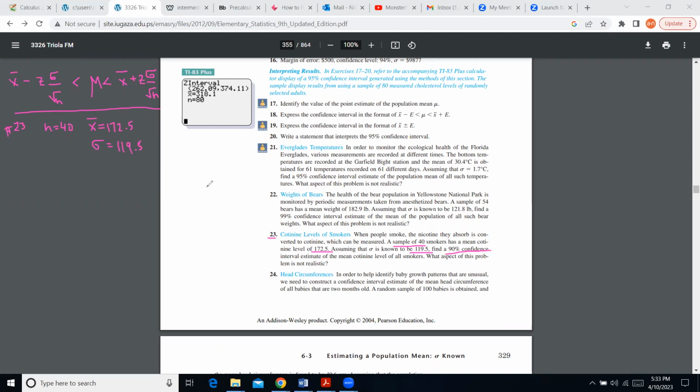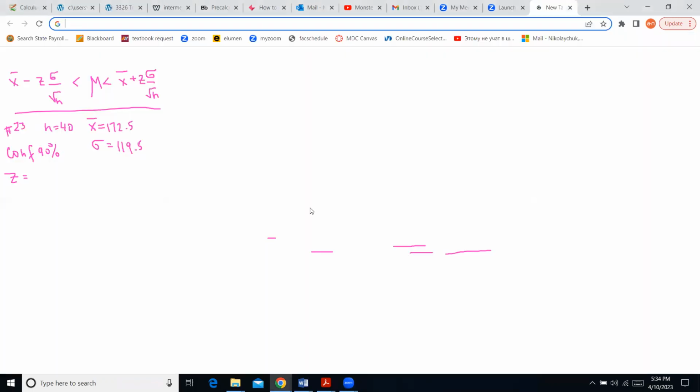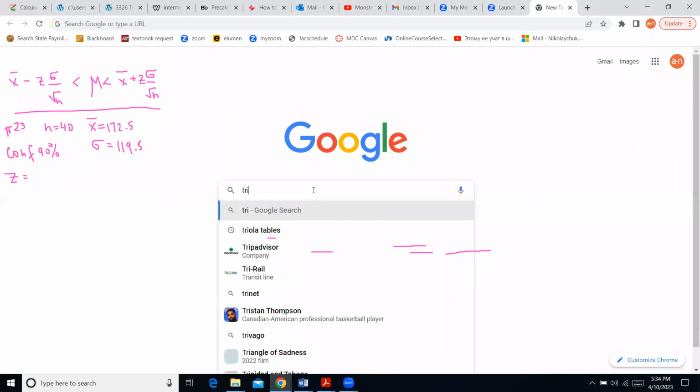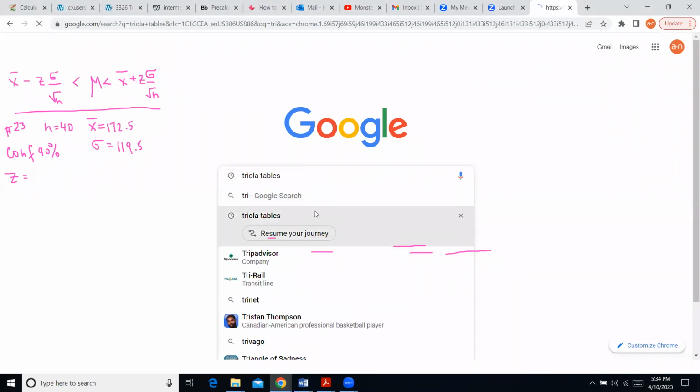a 90% confidence interval estimate. So when I have the confidence level of 90%, then I need to take a look at the formula, actually at the tables at the end, and see what z-score this determines. So I go to Triola tables, right?